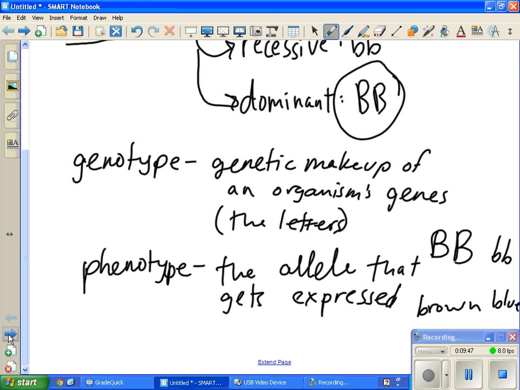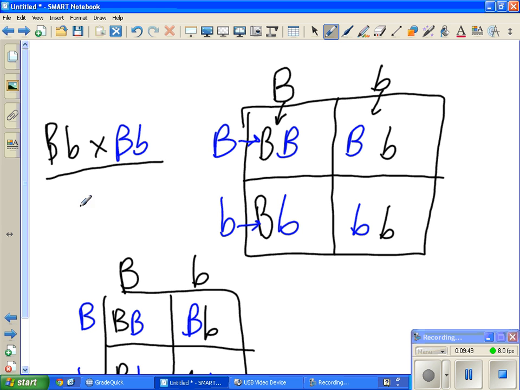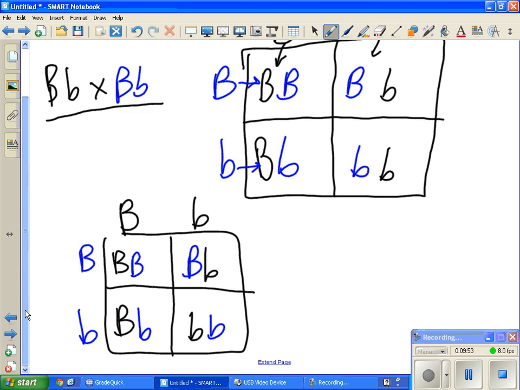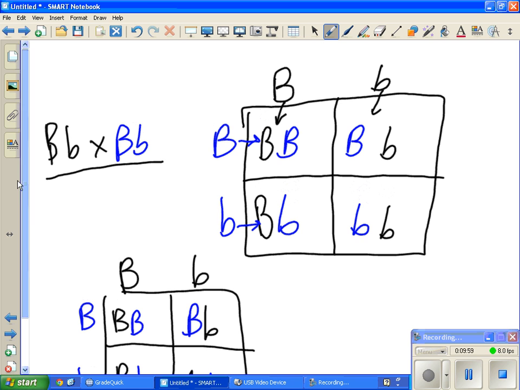Okay? So let's stick with the brown eyes, blue eyes for all these, and all that's written in the Punnett squares are the genotypes, the possible genotypes of the offspring of these parents. So first, let's talk about what the phenotypes are for each box.